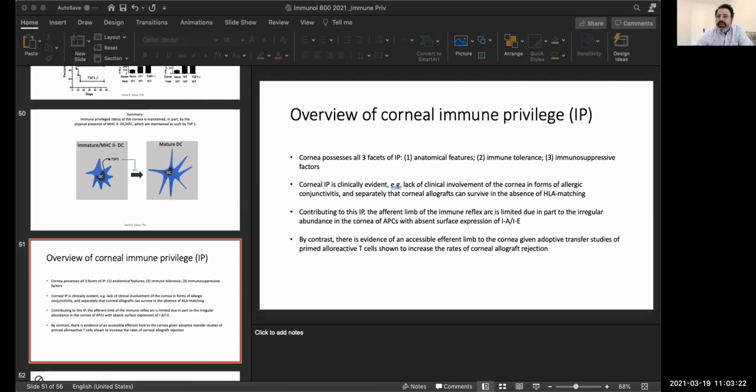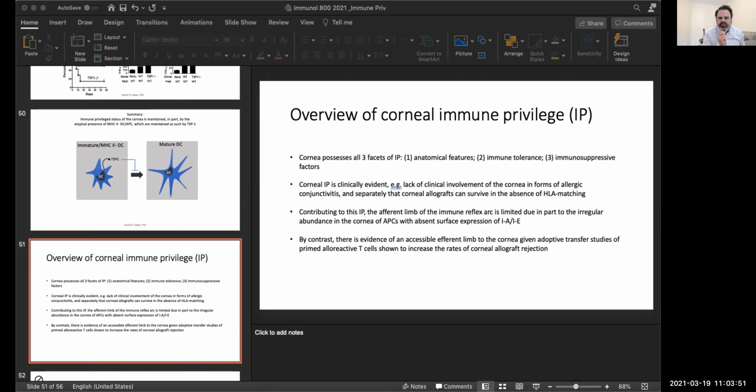You have antigen presenting cells in the intraepithelial space that, to get into the lymphatics, need to travel to the limbus and then get into the deeper parts of the tissue to reach the terminal lymphatics. So I'm not sure that is a really robust barrier, if you know what I mean.